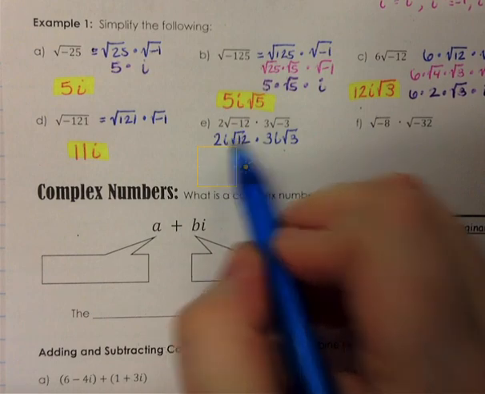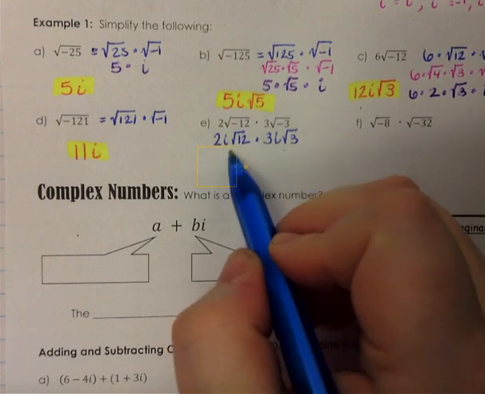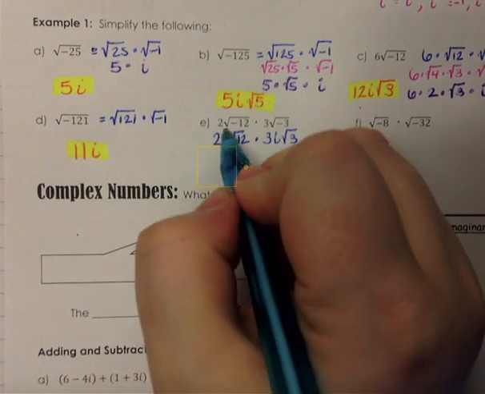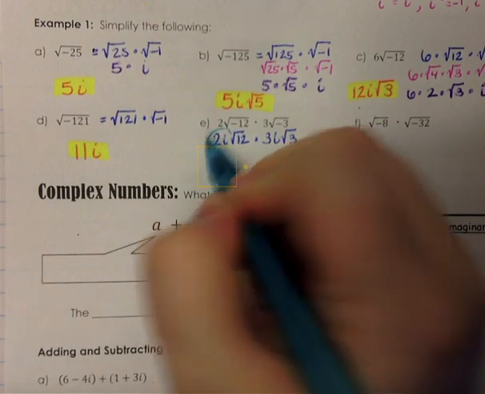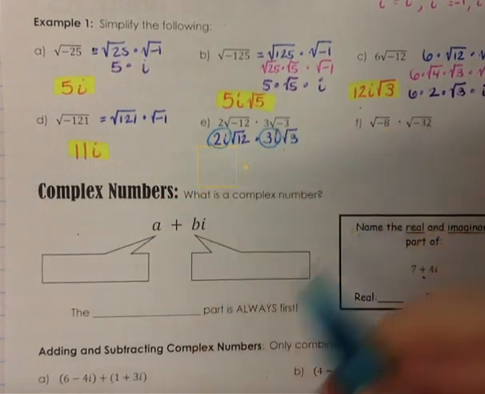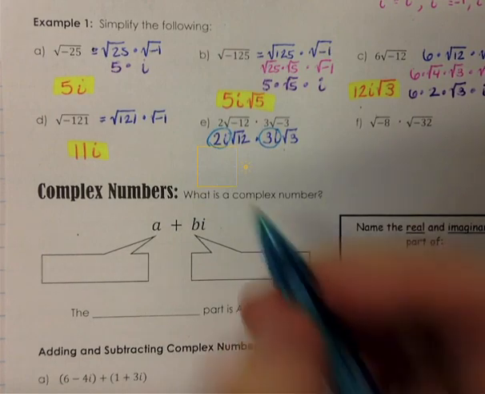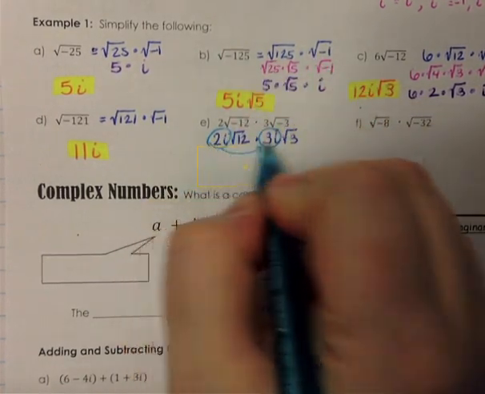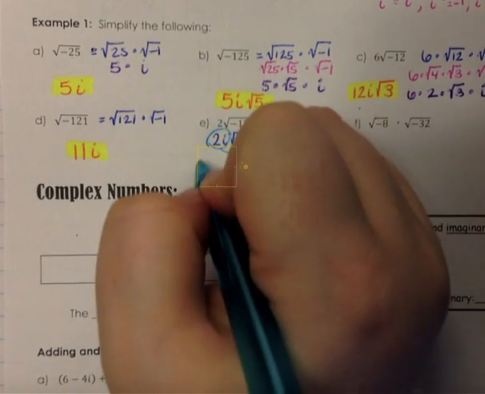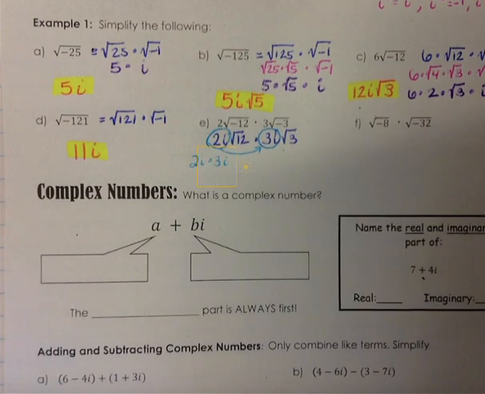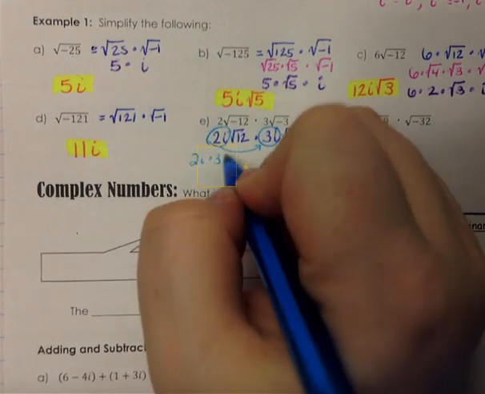Now that the i's are outside of the radicals, now we can actually multiply these. So the coefficient of 2i multiplies to the coefficient of 3i. So we have 2i times 3i, then we have that square root symbol still.